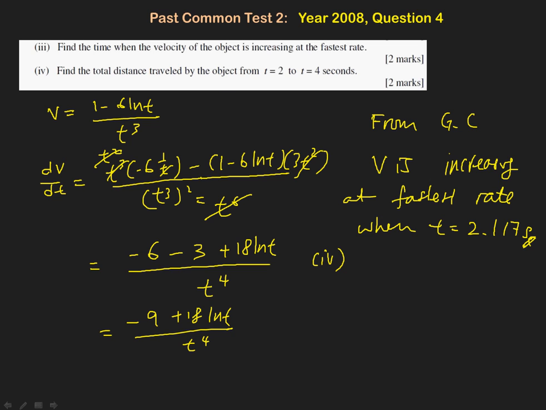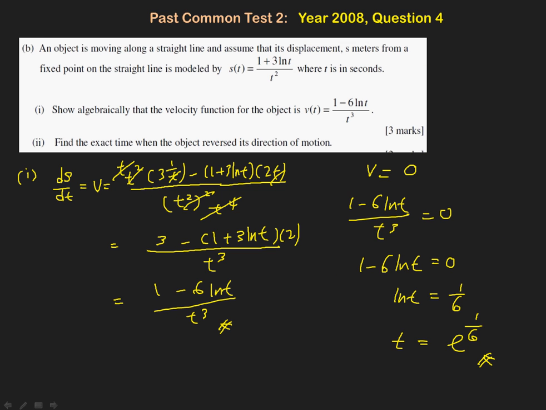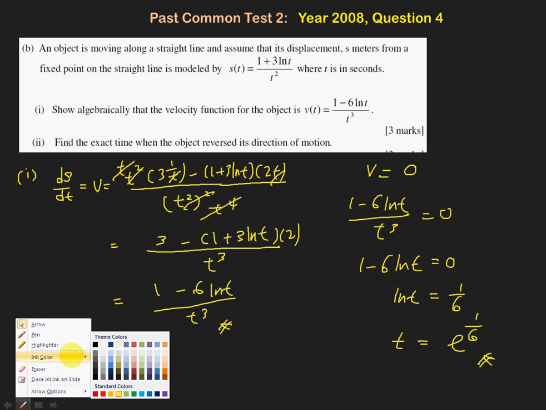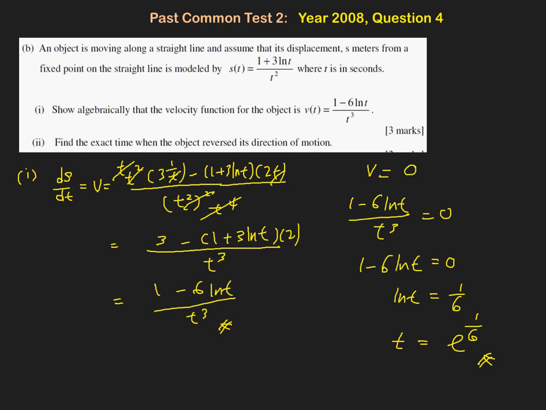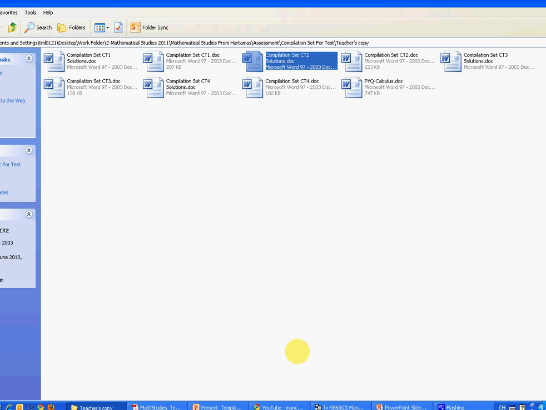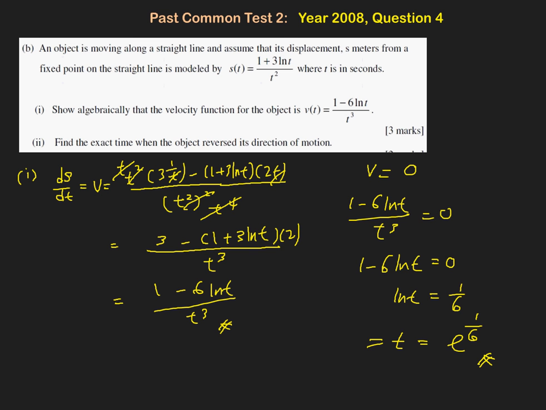So finally, find the total distance traveled by the object from t equals 2 to 4 seconds. Now you might recall that we have t equals e to the power 1 over 6. This is when the object reverses its direction, and if you calculate this, let me call the calculator again.